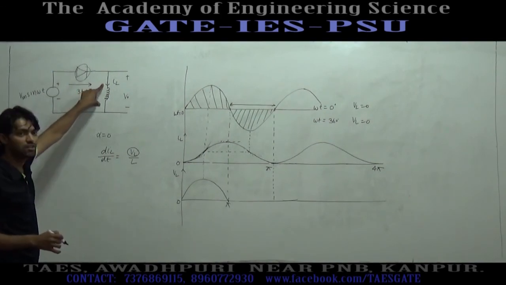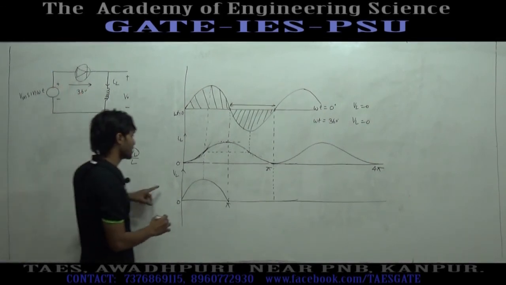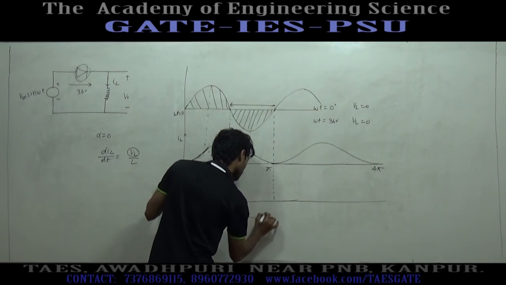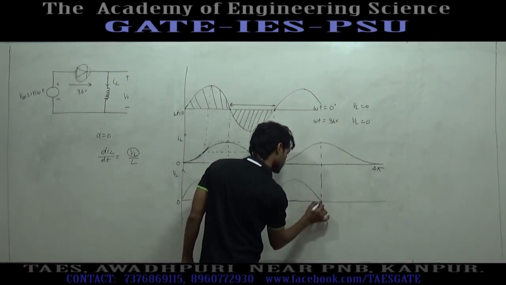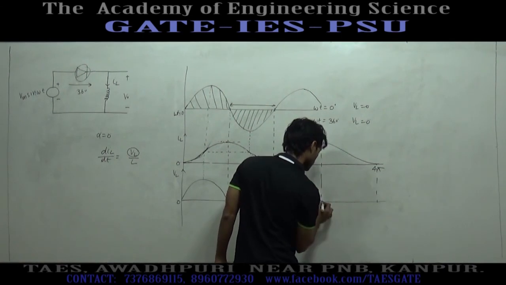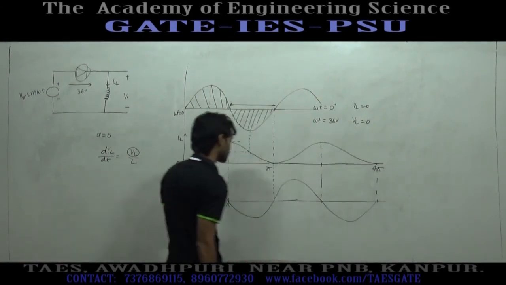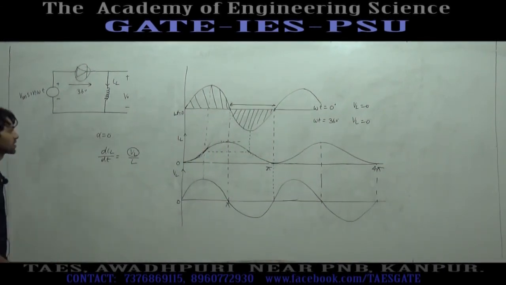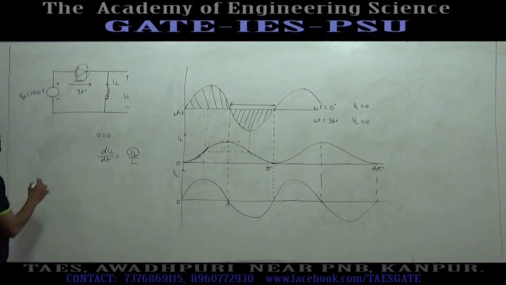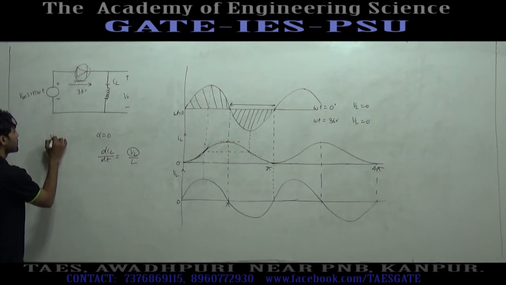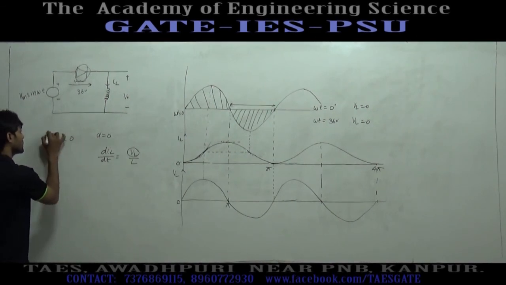So, the inductor voltage will always be equal to the input voltage. So, the inductor voltage graph will be this, and since the diode is always conducting, it is never reverse biased. So, the diode voltage is never less than 0, this will never happen.